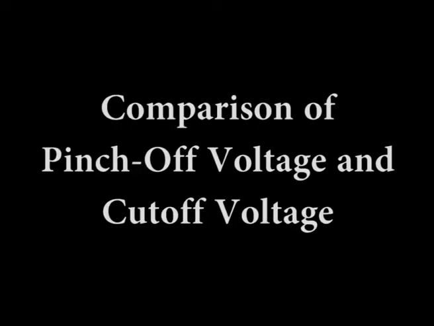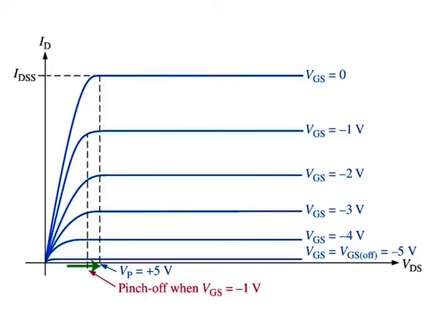Comparison of pinch off voltage and cutoff voltage. As you have seen, there is a difference between pinch off and cutoff voltages, but there is also a connection. The pinch off voltage Vp is the value of VDS at which the drain current becomes constant and equal to IDSS and is always measured at VGS equal to 0 volts.